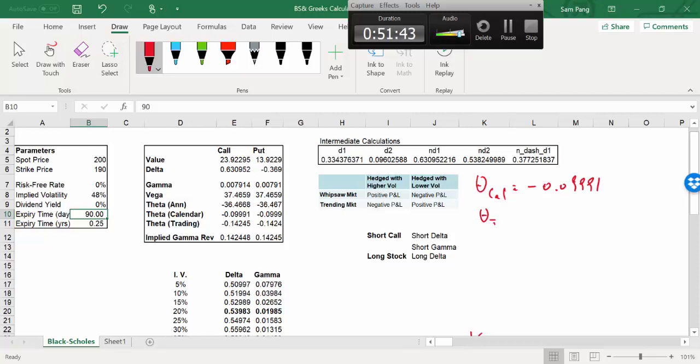So the trading day theta should be simply this one times 365 divided by 256. 0.09991 times 365 divided by 256 is 0.14244.